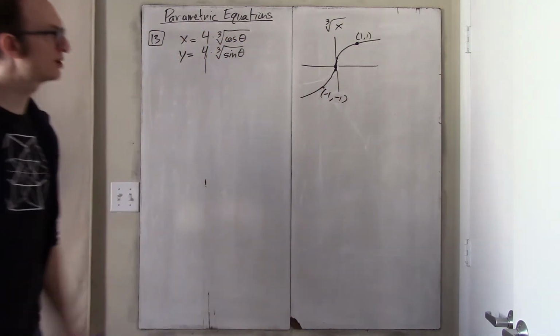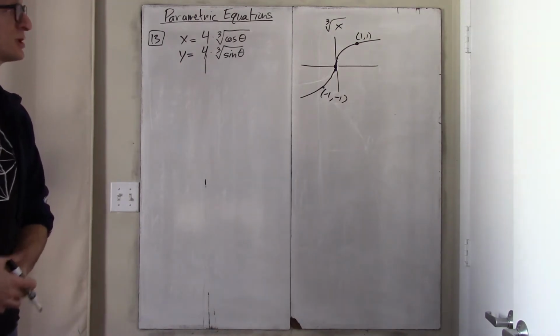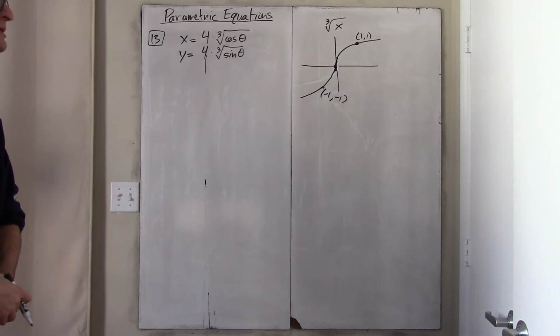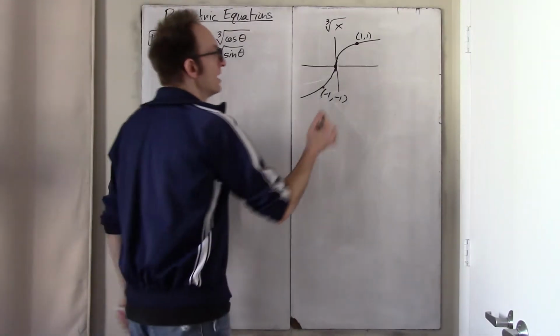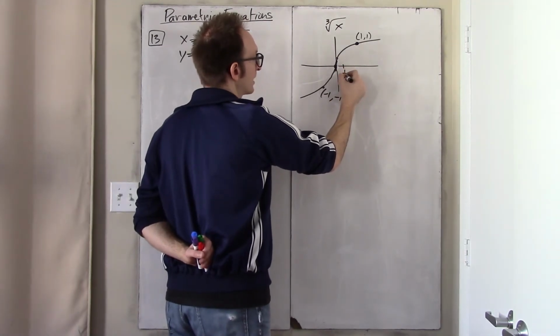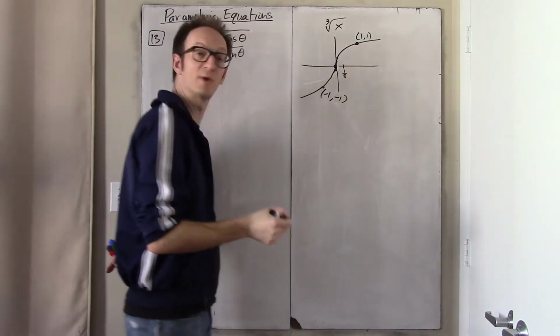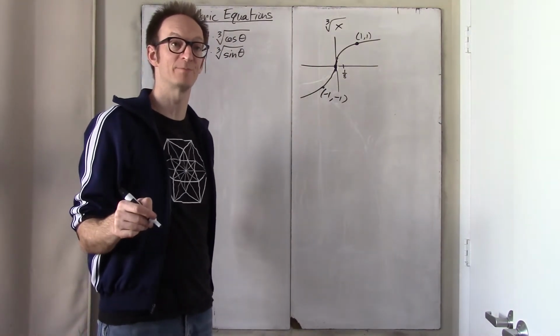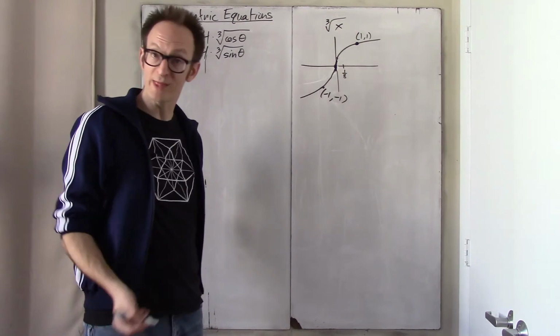So you can take the cube root of anything, and it's just a fact that if you take the cube root of a number between 0 and 1, it gets bigger, right? So what is the cube root of 1/8? It's the number which, when multiplied by itself 3 times, gives you 1/8. Well, that's 1/2.